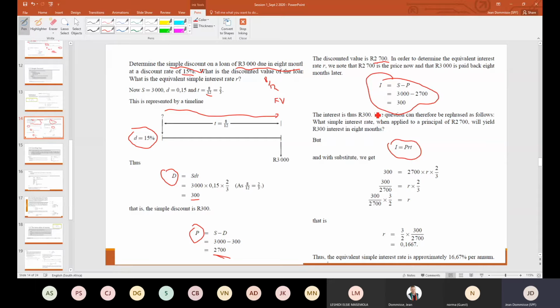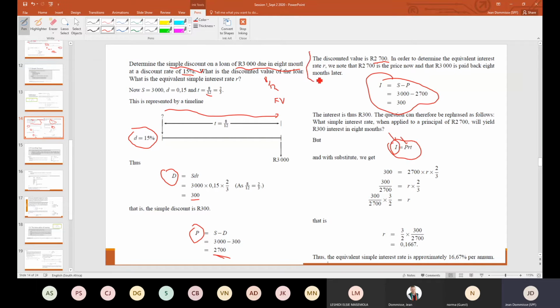Your interest value would be the 3,000 minus the 2,700. So that is your I value, because that is your future value minus your present value. So I is ticked, that is 300. The P is ticked because that is 2,700, your present value.